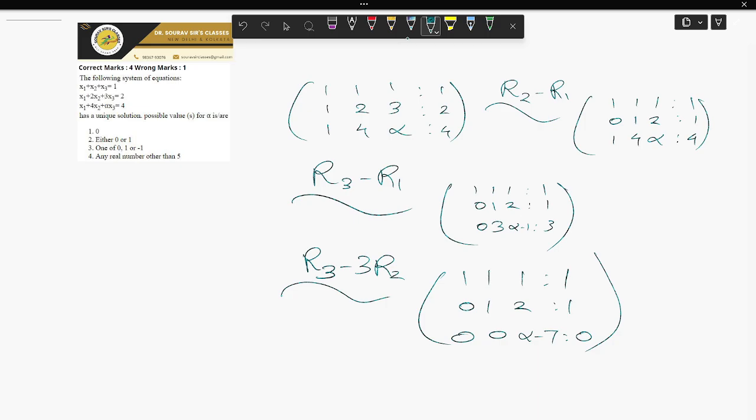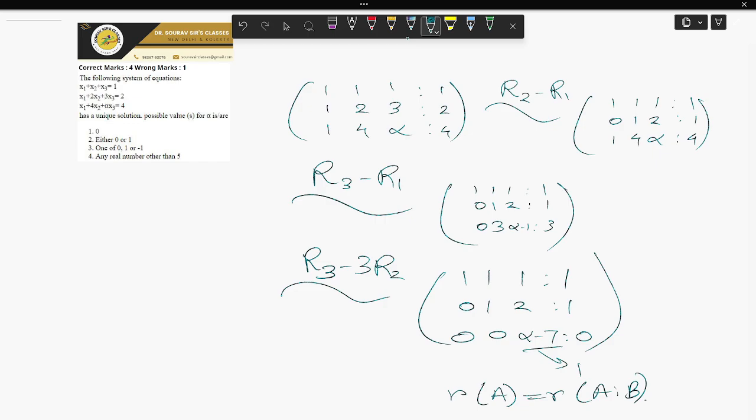Okay. So it has a unique solution when our alpha is not 7, so that the rank of A augmented is equal to the rank of A. So alpha can never be 7.